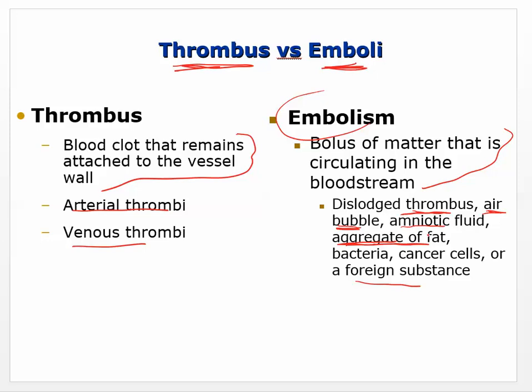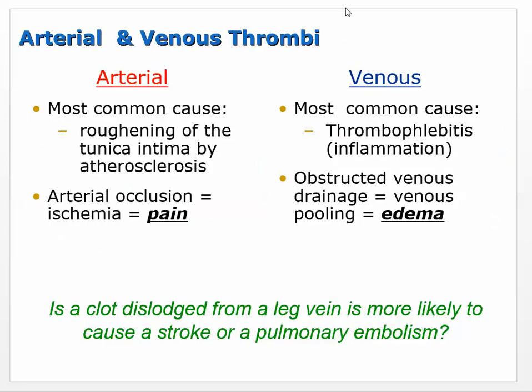Okay, that's an embolism. Thrombi are more specific to things like platelet aggregation. Okay, so arterial and venous thrombi.